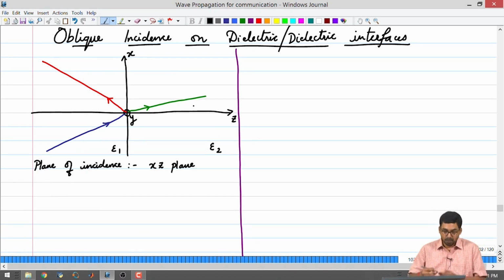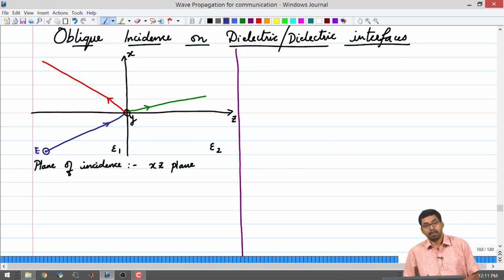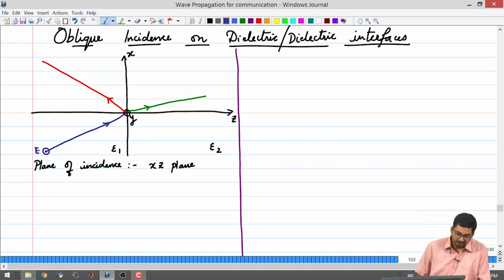Okay. So, one of the configurations that I am going to draw on the left hand side, okay, is such that the electric field is out of plane, it is pointing out of the paper. Okay. This is one configuration, all right.